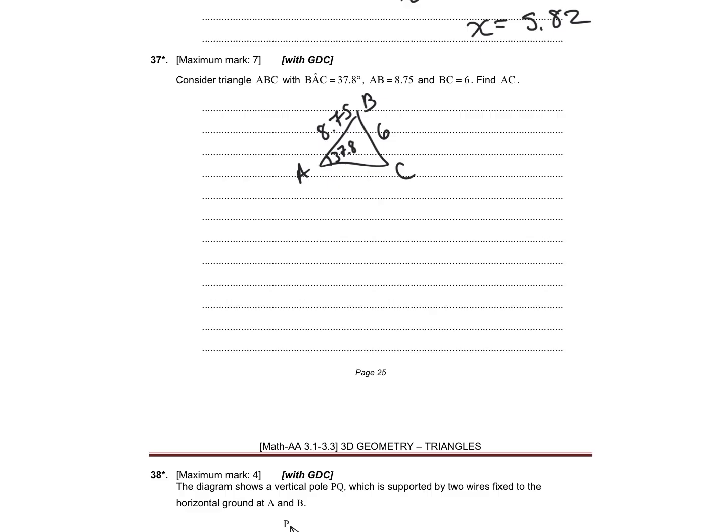Because we want a side length here, we're going to use the cosine rule. So we're going to have 6 squared equals 8.75 squared plus x squared minus 2 times 8.75 times x cosine 37.8. I did this one in NSolve, and I get 4.22.